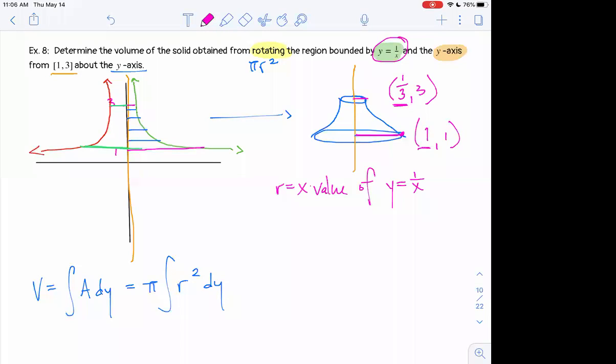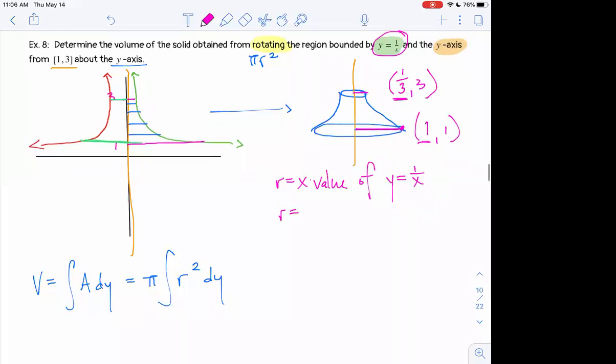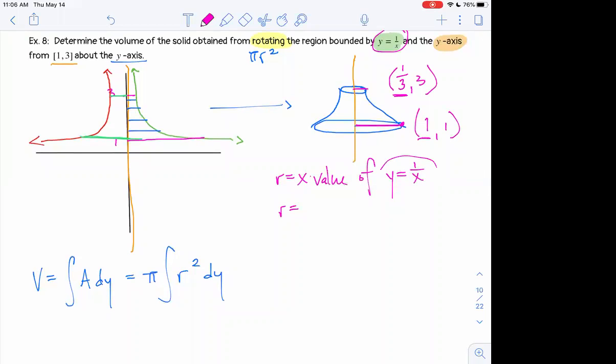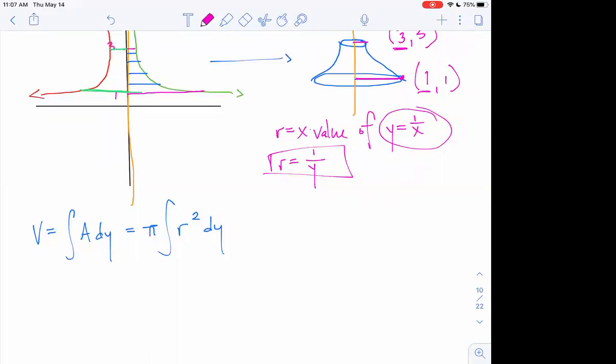Now we're going to do the same thing we did in the last problem, where we're going to go ahead and solve this equation for x, all right? So if I solve that equation for x, then I'll get 1 over y. So 1 over y is going to be what I plug in for the radius. All right, so that means that 1 over y is going to go right in for the r, and I don't want to forget to square it.